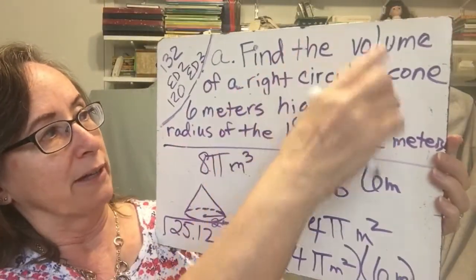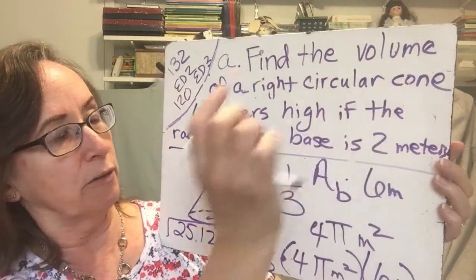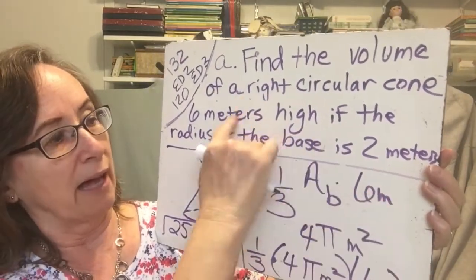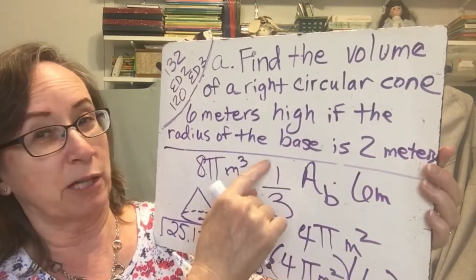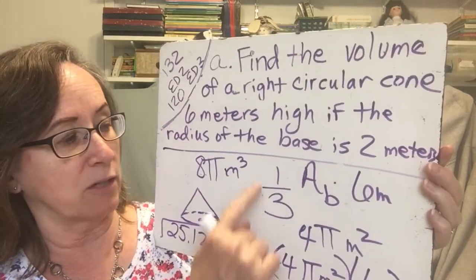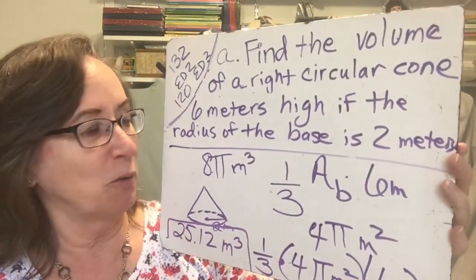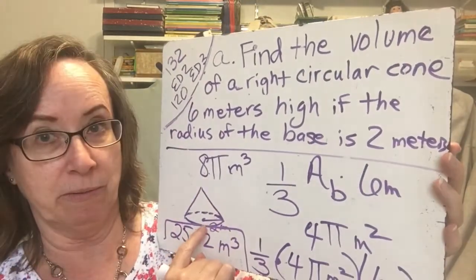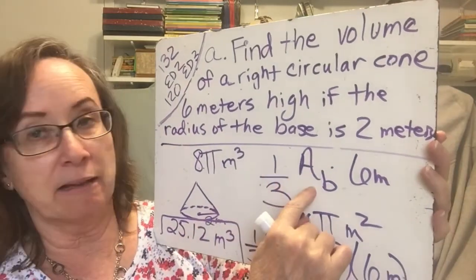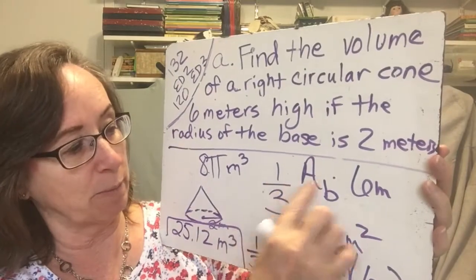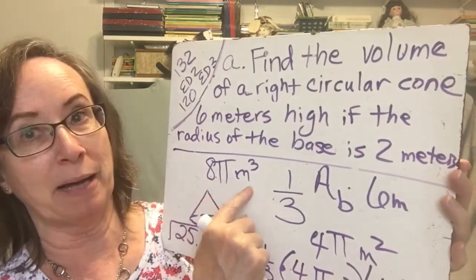Okay, so find the volume of a right circular cone. Volume is area of the base times the height. The height was 6 meters, and then we're going to take 1/3 of that. So 1/3 the volume of the cylinder that would include the cone, and the volume of the cylinder is area of the base times the height. So we multiply all that together, we got 8 pi meters cubed.